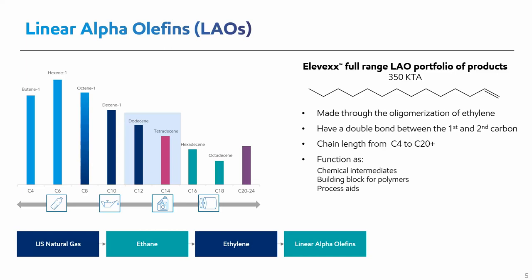We will have a capacity of approximately 350,000 tons per year out of our plant in Baytown, Texas. And part of the C12, C14 LAO will be converted by us into a semi-linear C13-15 alcohol.